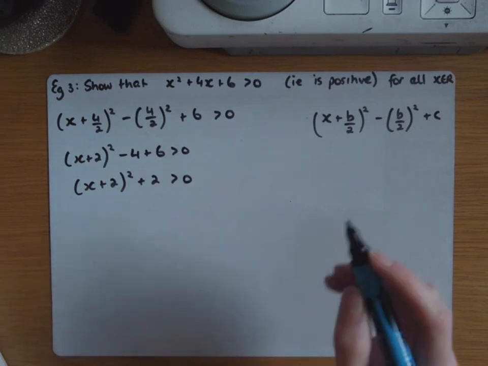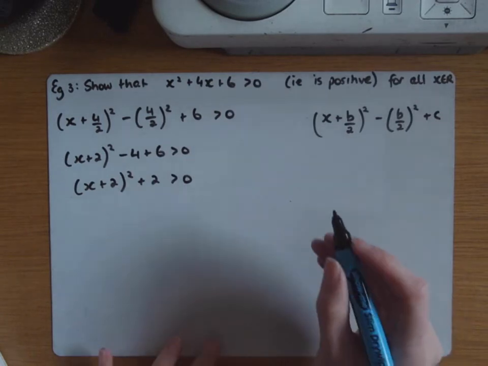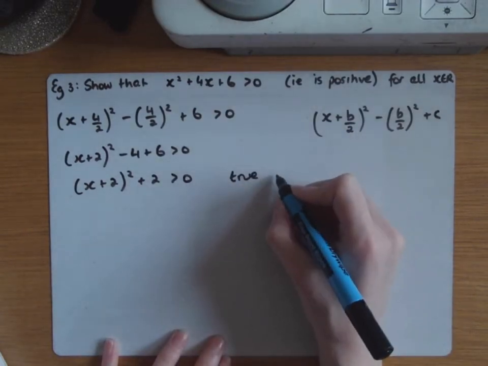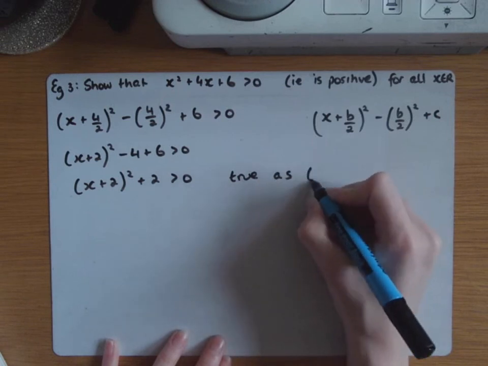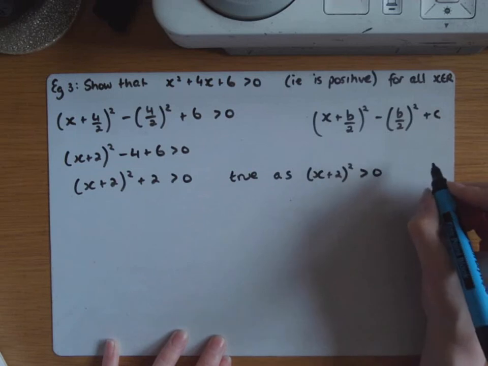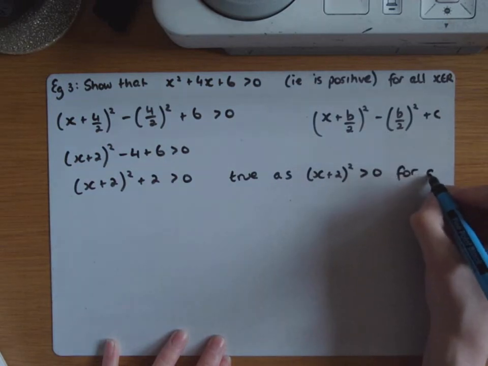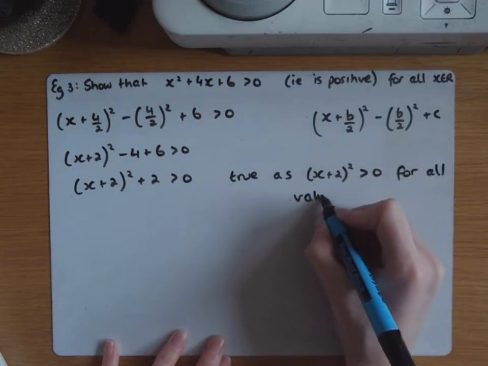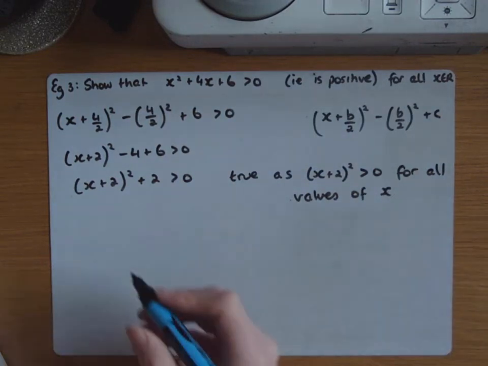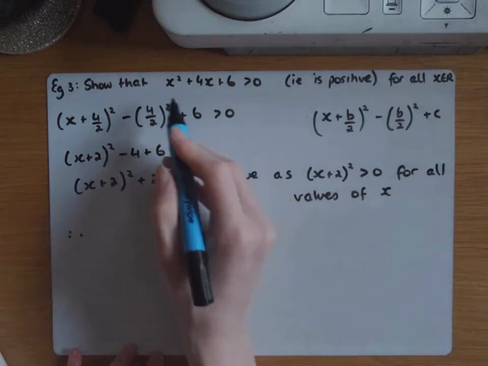Okay? So true, as x plus 2 squared is greater than or equal to 0 for all values of x. Okay? Therefore, this thing is true.